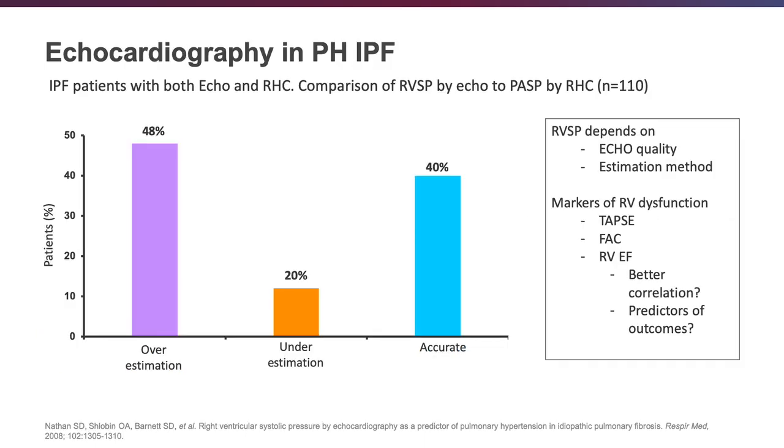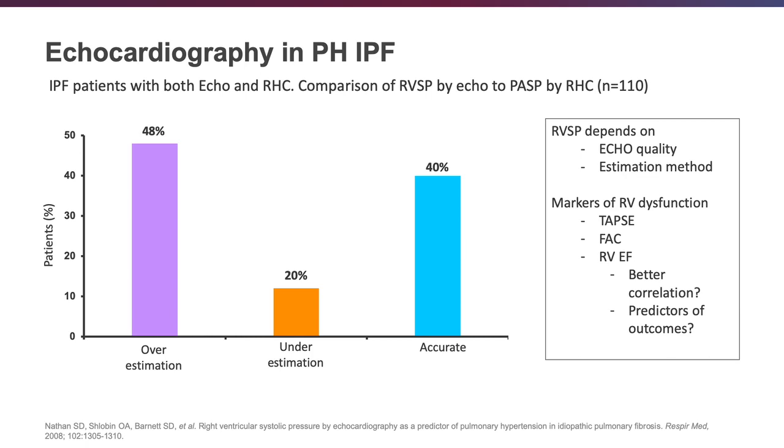So what about echocardiogram? So this data looked at 110 patients who had concomitant echocardiogram and right heart catheterization and compared the degree of elevation in RVSP, so right ventricular systolic pressure, and mean pulmonary pressure and systolic pulmonary pressure by right heart catheterization.